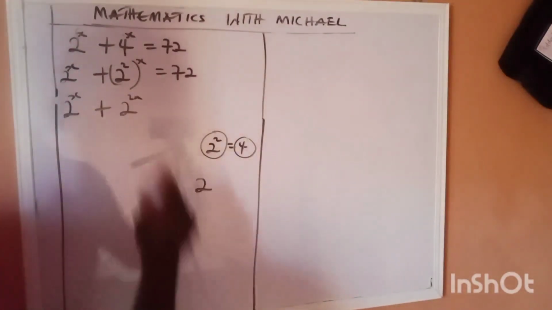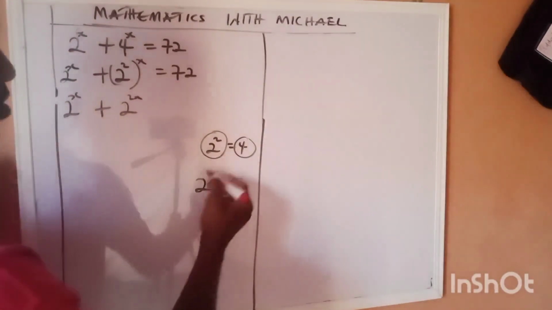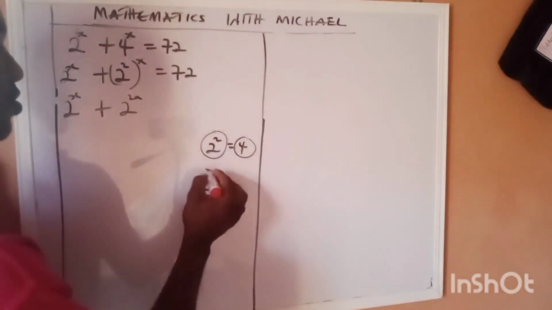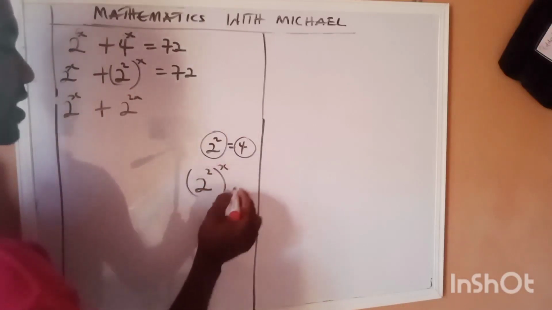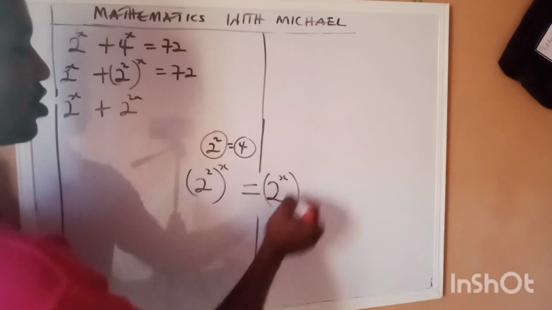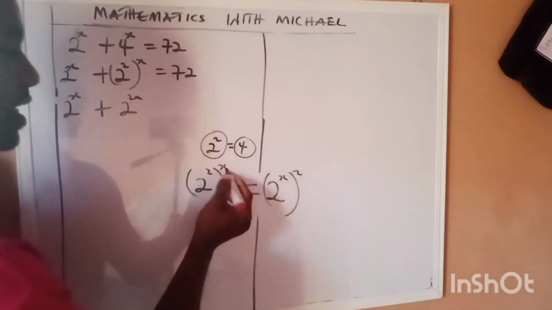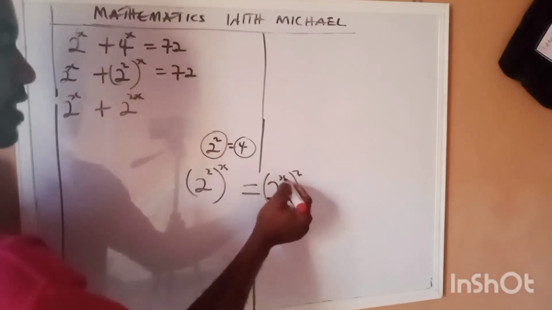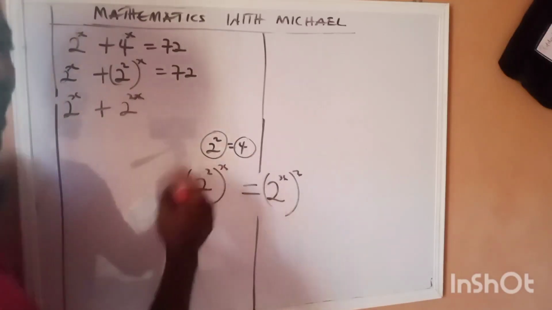So to get the real value of x, this is how we are going to do it. In mathematics, 2 raised to power 2 and also raised to power x is the same thing as 2 raised to power x and also raised to power 2. If I should multiply this and this, I will have 2x. And if I should multiply this by this, x times 2 is 2x, 2 times x is 2x.